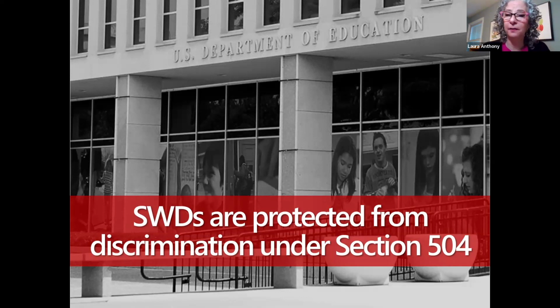And this could be a student who doesn't have a disability related to behavior. Maybe it's a student who has a peanut allergy. Maybe it's a student who has asthma or epilepsy.